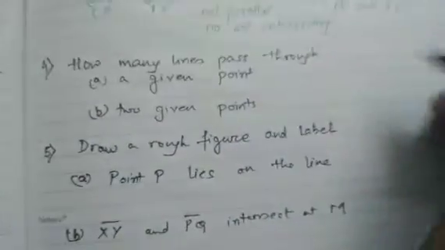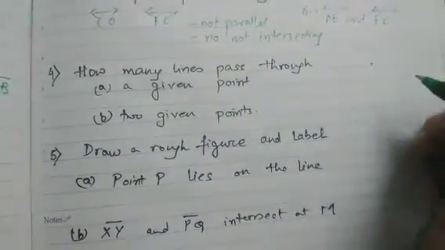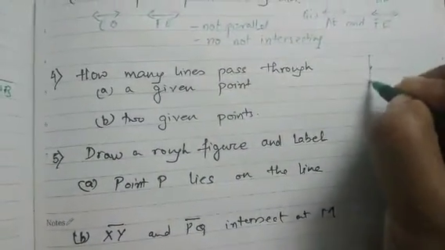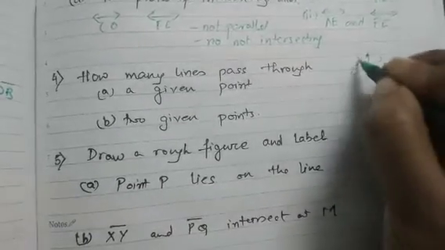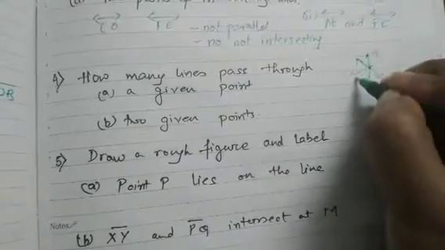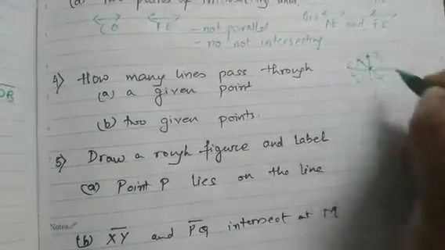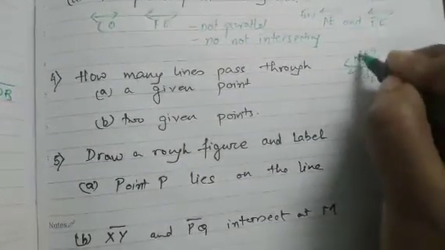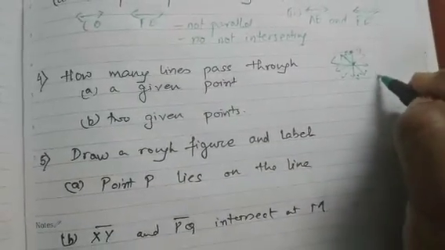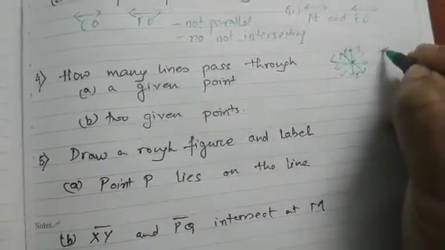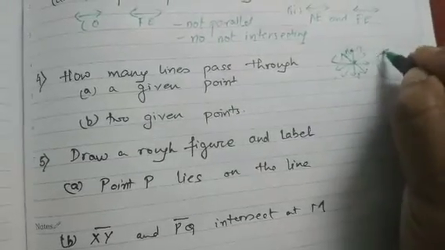Okay? Next, how many lines pass through a given point? If I am given a point, how many lines can pass? I can have one line passing, 2 lines, 3 lines, 4 lines, 5 lines, 6 lines. So many. Think of our Indian national flag, that Ashok Chakra.